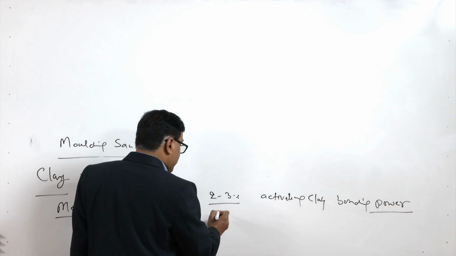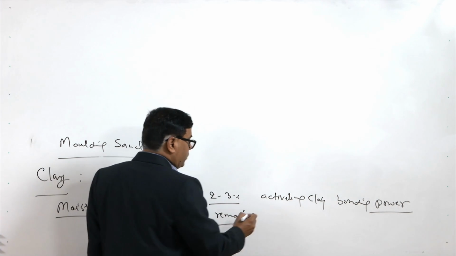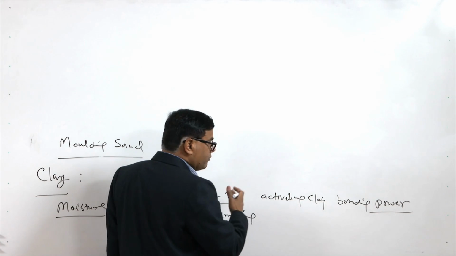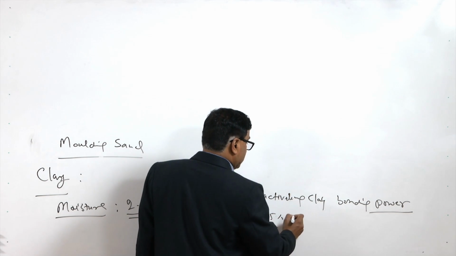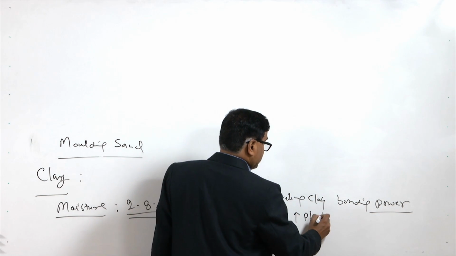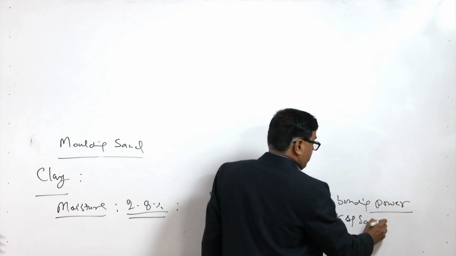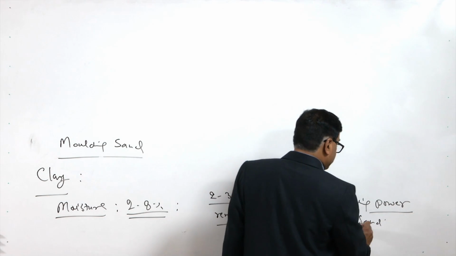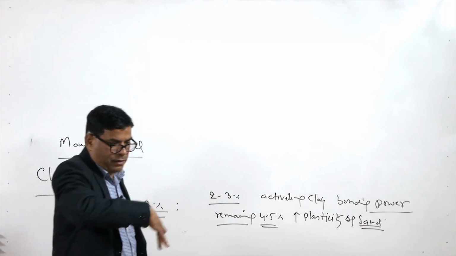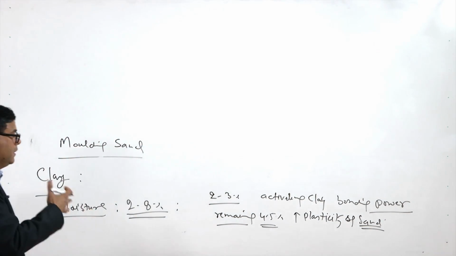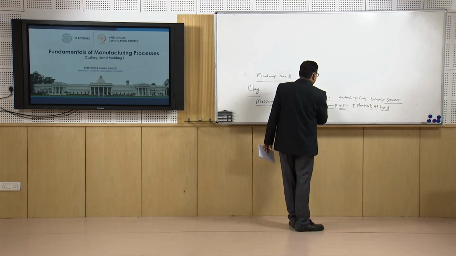And the remaining water, up to a limited amount, like say remaining 4 to 5%, helps in increasing the plasticity of the moulding sand, so that the sand follows the curve or the geometry of the pattern in order to achieve the fine intricate shapes which are desired in the casting.